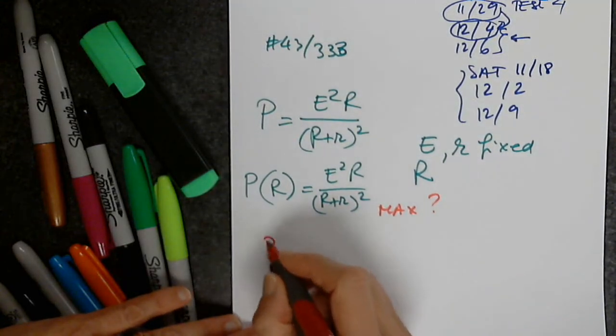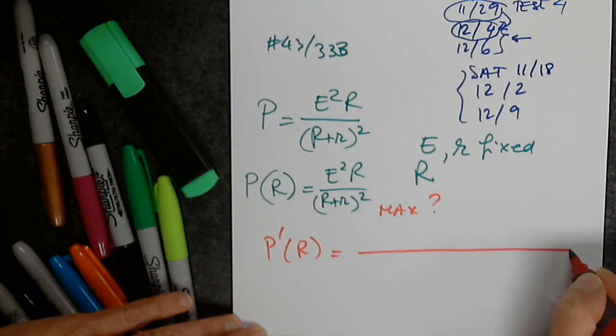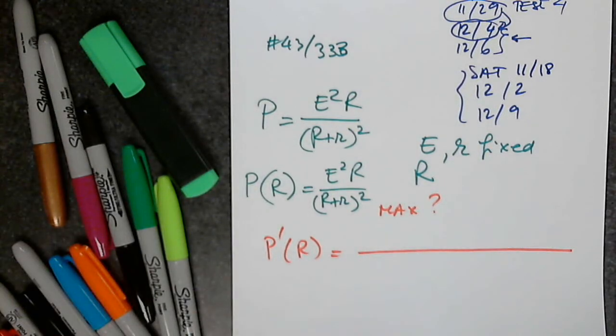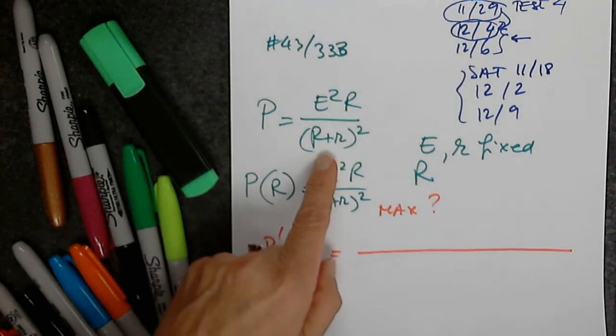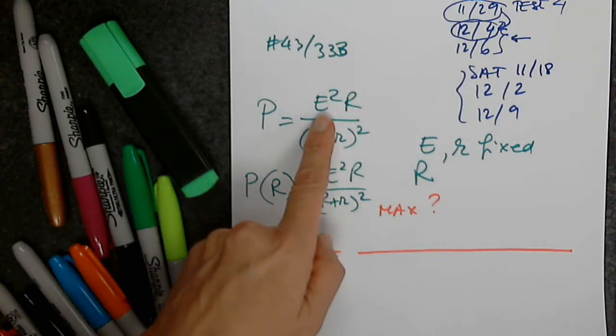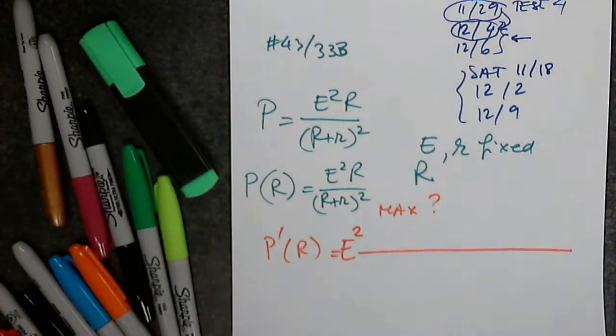Very good. So P prime of R equals. This is a ratio. The top has the variable, and the bottom has the variable. Since E squared is a constant, I am not going to involve it in any way, shape, or form.